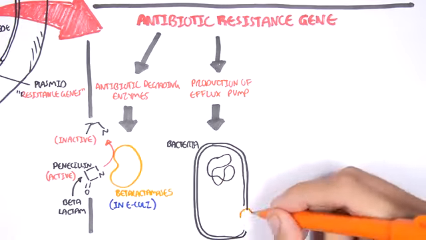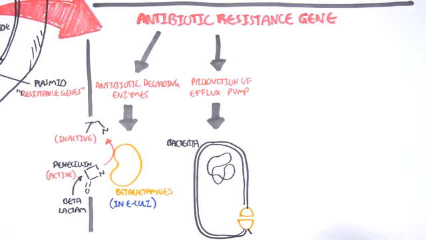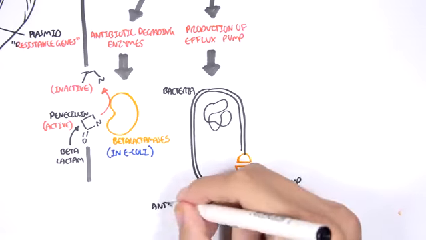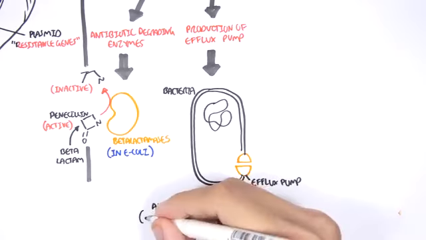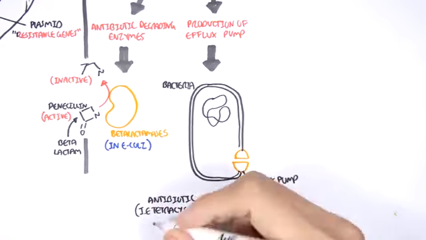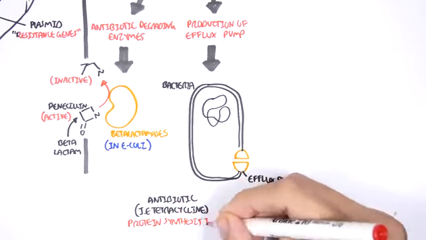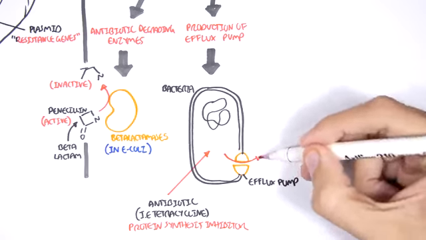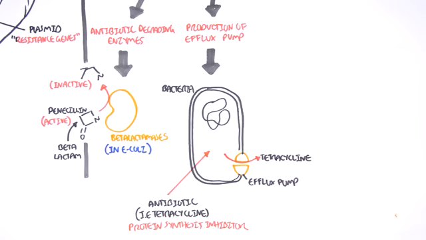Well, some bacteria can produce these efflux pumps, which are found on the membrane. So when some types of antibiotics, such as tetracycline, which normally interferes with bacterial protein synthesis, is used, the bacteria can use the efflux pump to pump out the antibiotic.